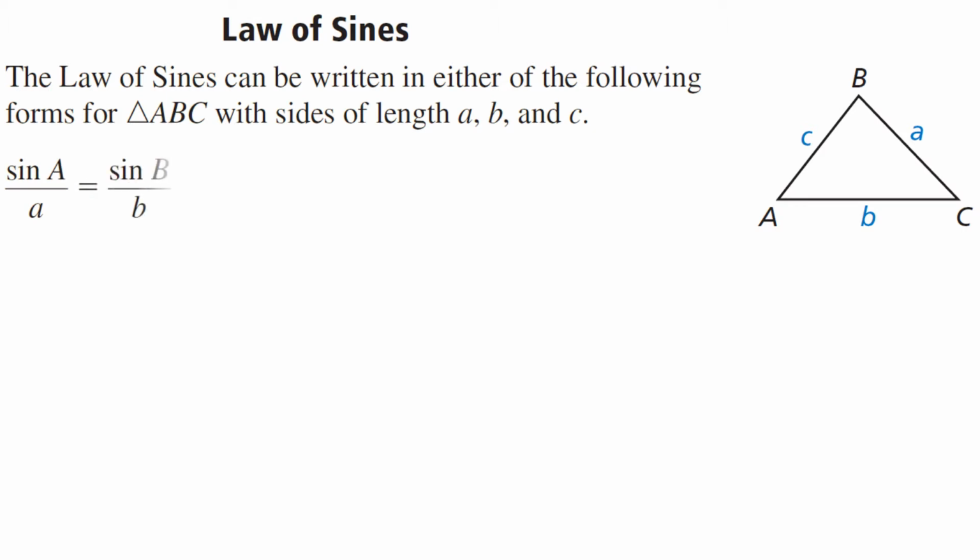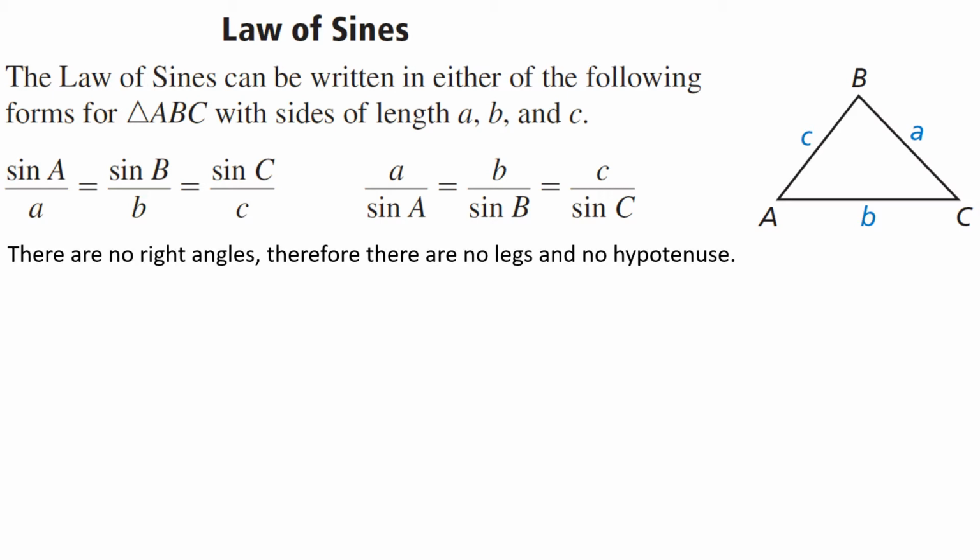And so I can either write the proportion with the sine of the angle in the numerator and the length of the side in the denominator, or I can write the proportion with the length of the side in the numerator and the sine of the angle in the denominator. There are no legs, no hypotenuse here.